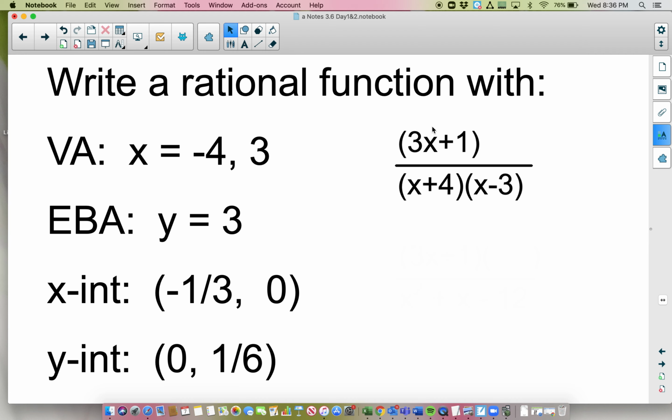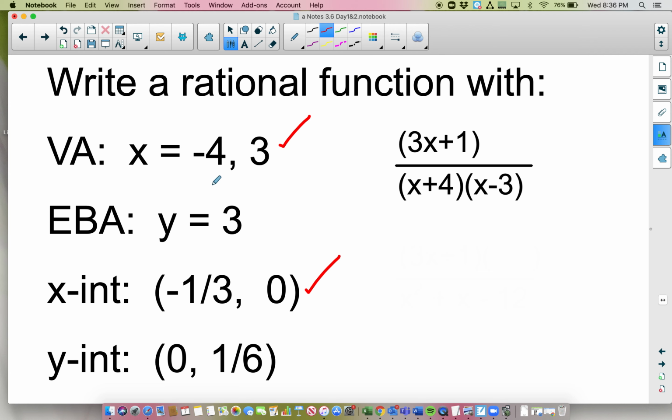So if I solved 3x plus 1, that would give me the x-intercept of -1/3. I'm sure you see that connection, but it's very critical that you write that, because then your leading coefficients would be correct. Okay, so I took care of verticals and I took care of the x-intercept.